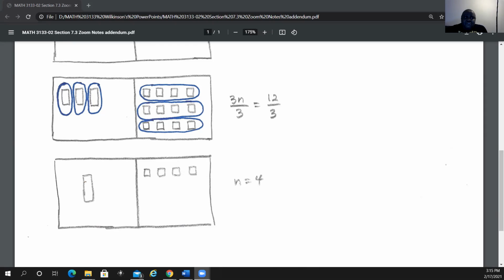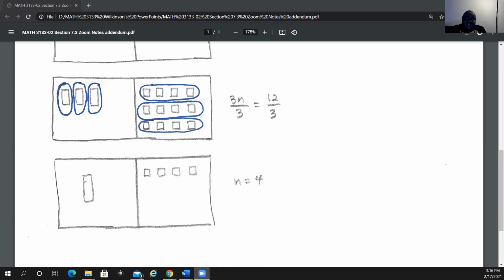All right, let's talk about integer expressions with algebra tiles. So now we can use algebra tiles to solve equations such as 3n plus 5 equals n minus 1. Like the chip model for integers, we need 2 colors to distinguish positive and negative integers.